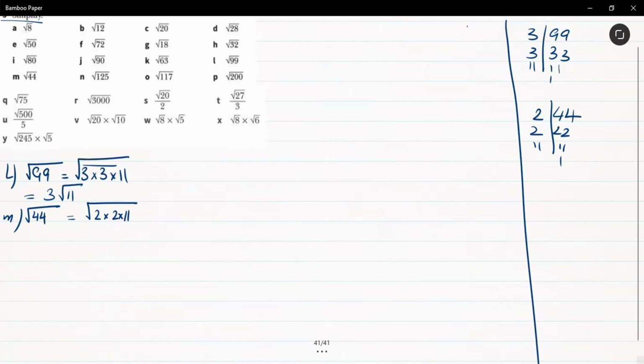Again, we take out the pair of 2, and we get 2 under root of 11. And then going on to N, under root of 125. Actually, I know what 125 is equal to. It's under root 5 multiplied by 5 multiplied by 5, because 5 cubed is equal to 125. So we are going to get a pair of 5 here. Wait a second.